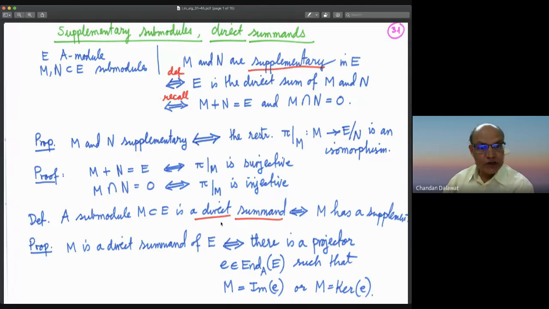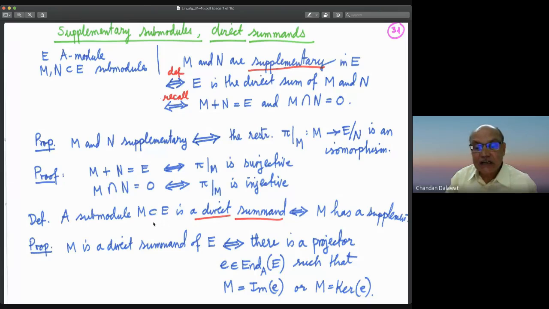Now you have this definition of a direct summand: a submodule M is called a direct summand of a module E, the ambient module, if M has a supplement. Okay, so this is really a condition. It's not as if every submodule has a supplement, right?